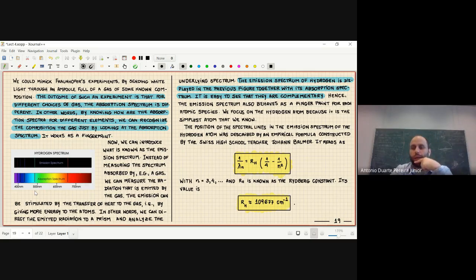Now, the atmosphere is made of several different chemical components, and the spectrum depends a lot on these components. But you can use this technique to discover what elements compose the atmosphere. Okay.